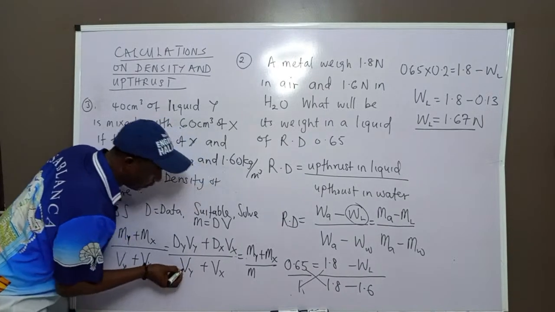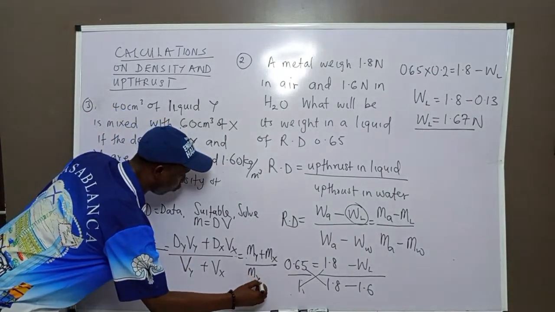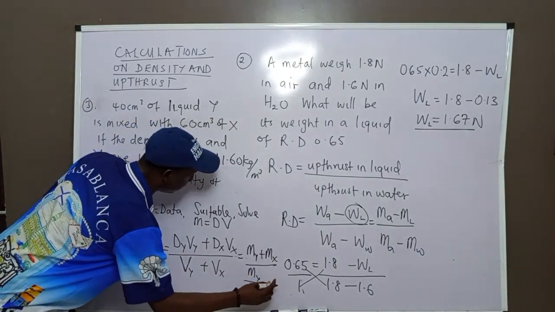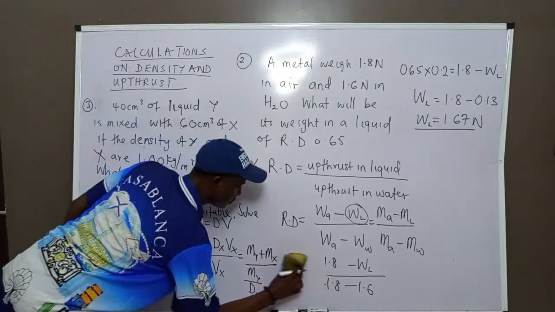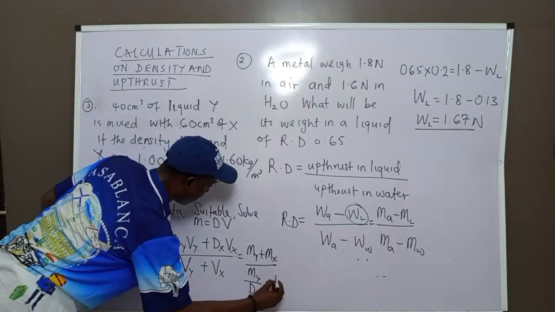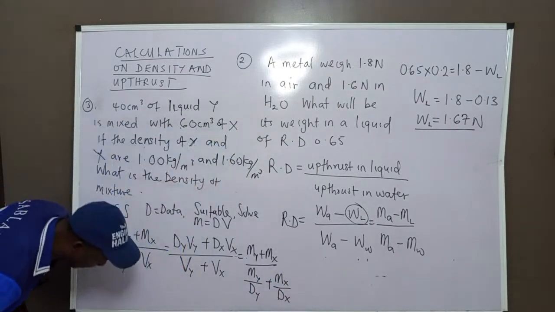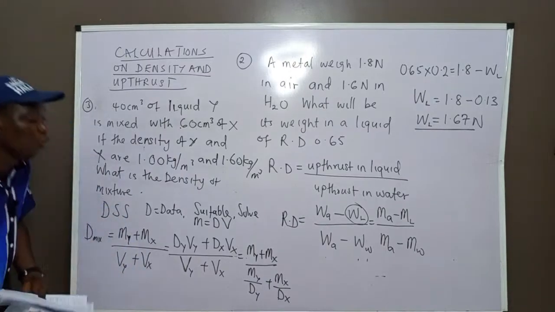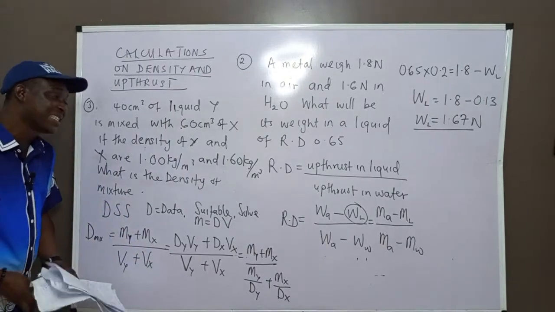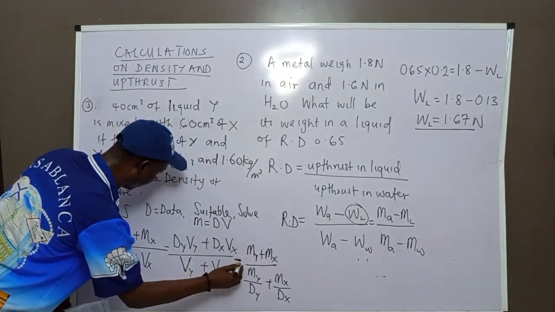So in place of volume now, I will replace it with mass of Y over density of Y plus mass of X over density of X. So these are likely formulas to be used depending on the case and what parameter is available to you for solving that question.